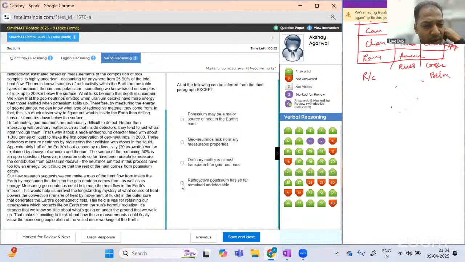Potassium has not remained undetectable.